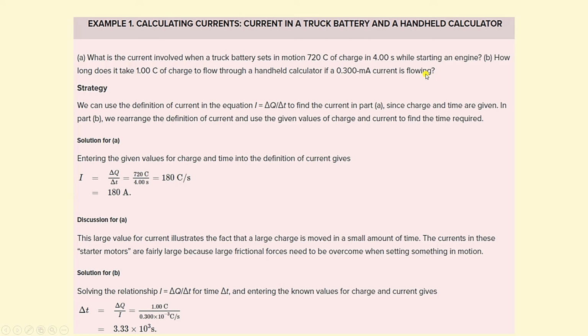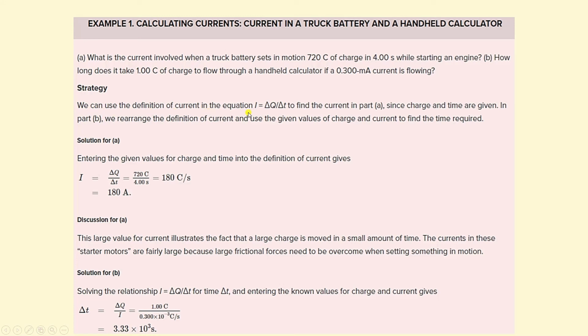There are two parts in this question. For the first part, what is the current involved when the truck battery sets in motion 720 coulomb of charge in 4 seconds? Here the charge is given and the time is given.